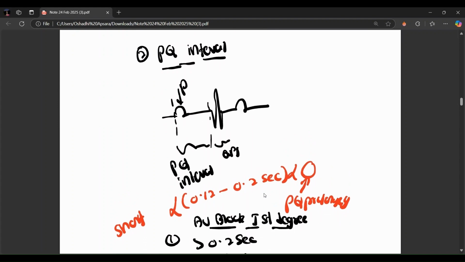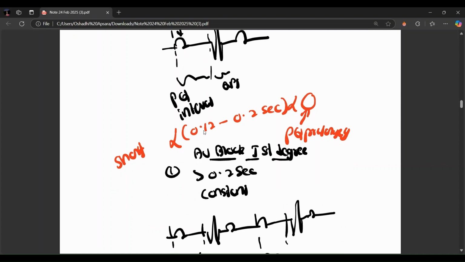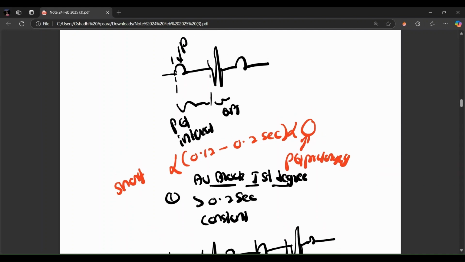This is the P, this is the QRS complex, this is the T. This is the beginning of P, this is the P wave, this is the QRS complex, and this is the PQ interval that we are going to talk about. Beginning of the P to beginning of the Q wave. This is the PQ interval.